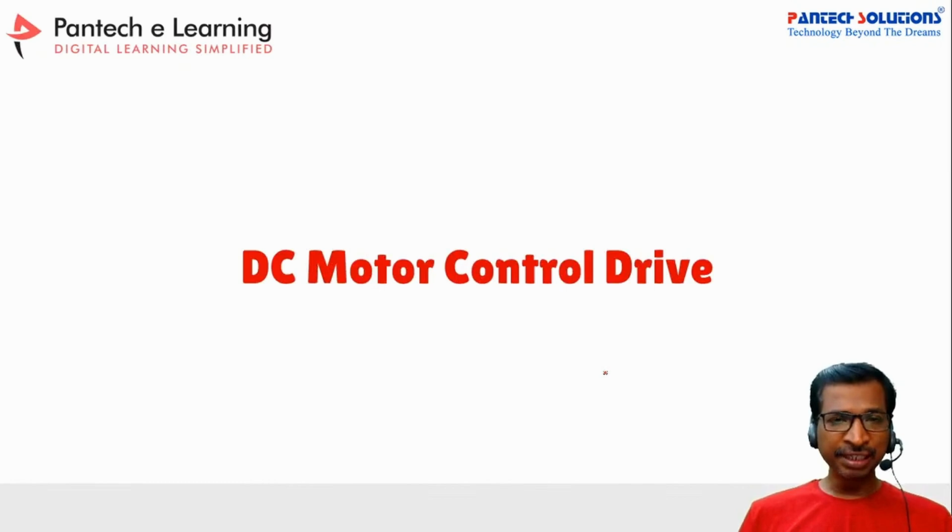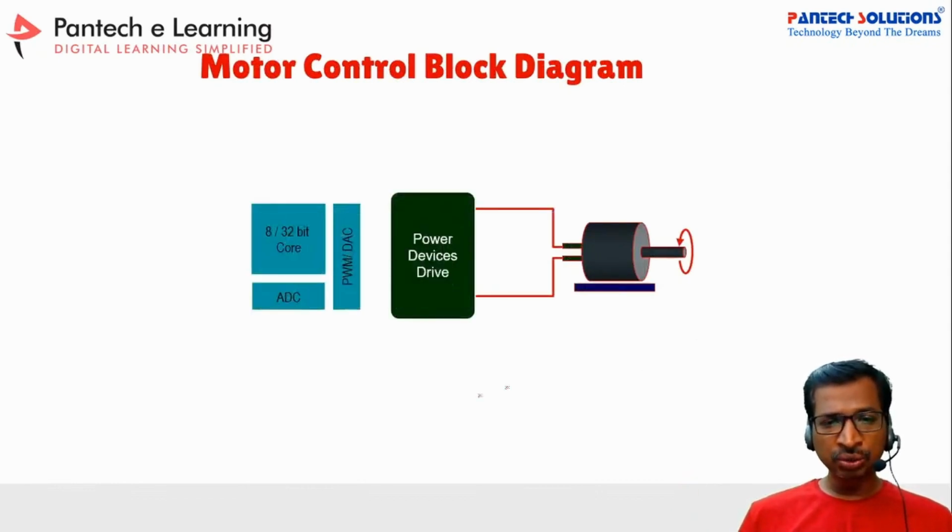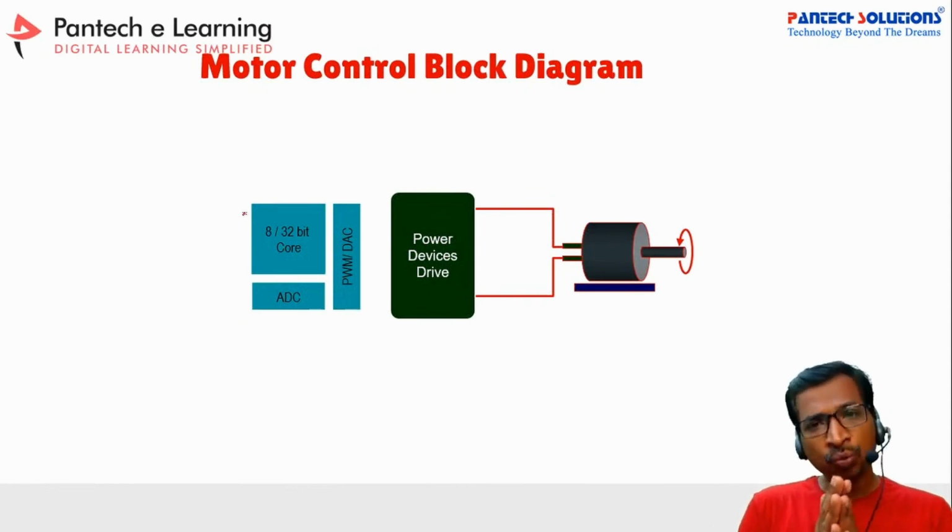So this is as per the theoretical concept. And if you take a real-time motor control, there is a generalized block diagram for any motor control. See here, let us take this one. This is the motor, like a DC motor or induction motor or BLDC motor. First you should choose a microcontroller. If you want to run a motor in open loop applications, you can use any basic microcontroller like Arduino or 8051.